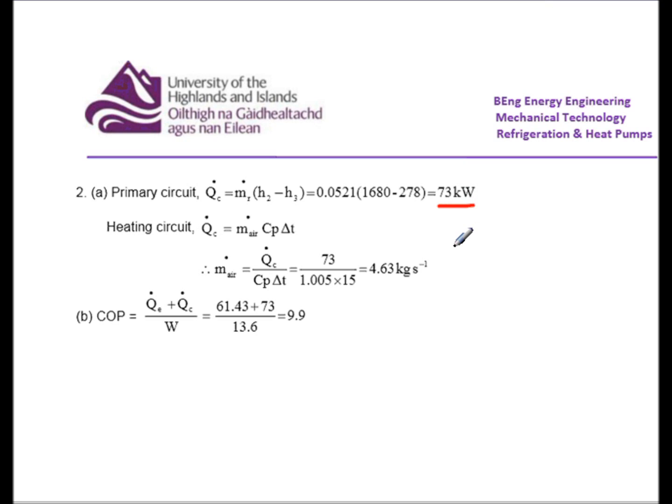And if we then apply our m c delta T equation, the same equation we applied to the secondary circuit earlier, but this time under the conditions of the air being heated by the heat being rejected in the condenser, then we get m CP delta T as it applies to the air, using the 73 kilowatts we've just calculated. Transposing for the mass flow rate of air, keeping in mind our temperature difference of 15, we get 4.63 kilograms per second.